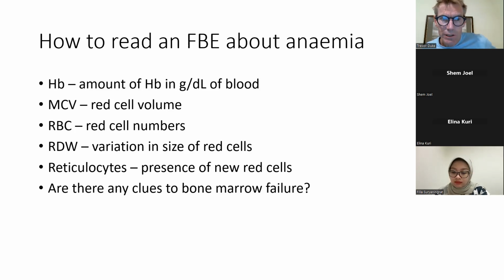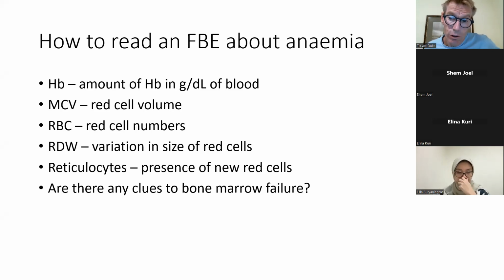And we talked last week about the RDW, the red cell distribution width, which indicates the variation in the size of the red cells. So the MCV tells us about the average size of the red cells, and the RDW tells you about the variation in size. If there's a lot of small cells and a lot of large cells, a wide variety of different sizes or shapes of cells, then the RDW will be high.